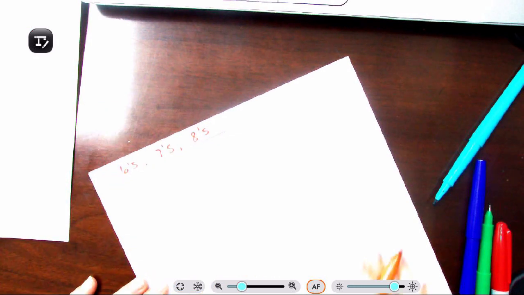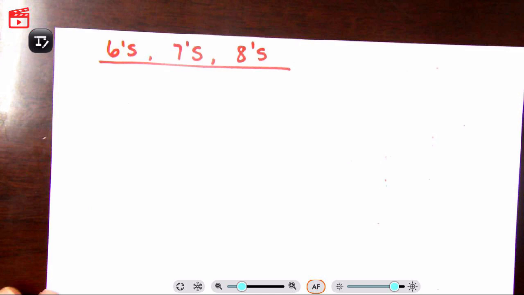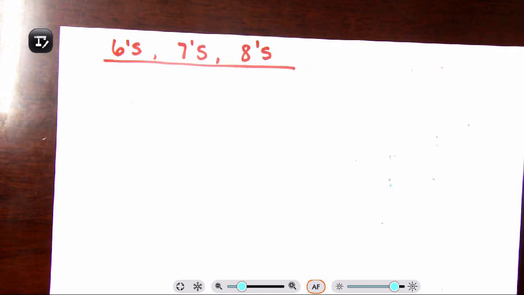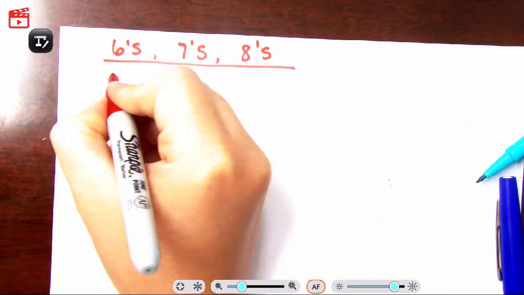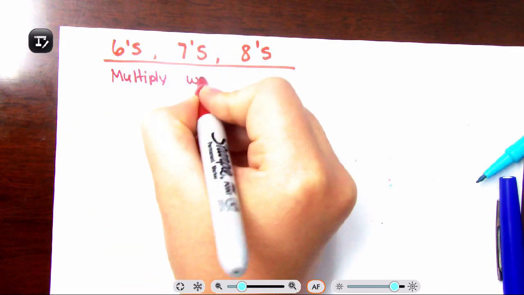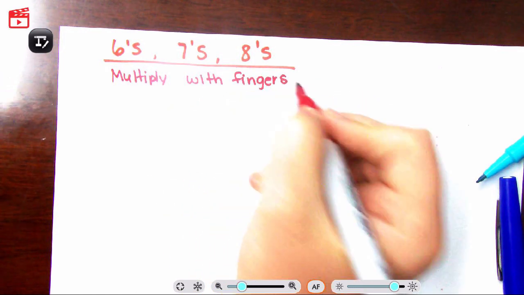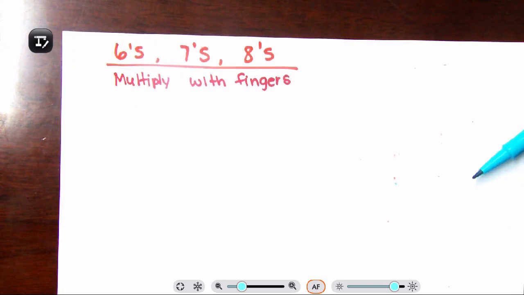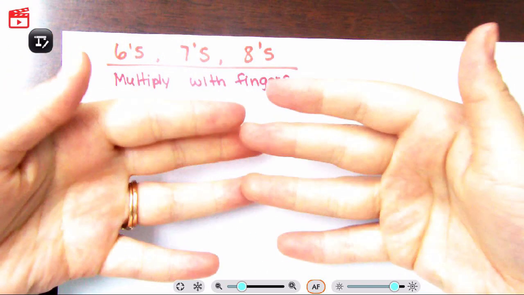Now, I did group them together for a reason. For 6, 7, and 8, I like to do the multiplication with fingers. Okay, so what that means is I'm going to draw two hands, and those two hands are going to be looking at you, okay?